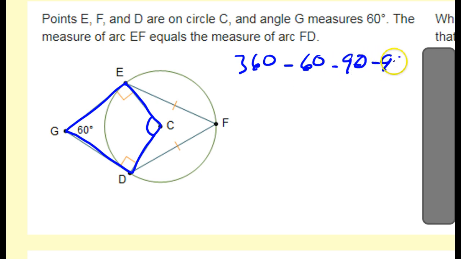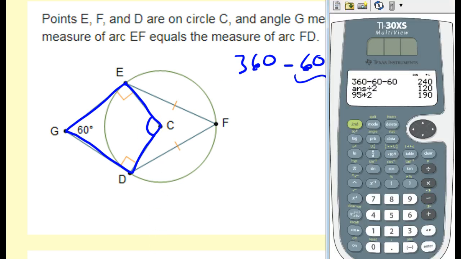If I subtract all three of these angles away from 360, that should leave the other one. So 360 minus 60 minus 90 minus 90, that's 120 degrees.